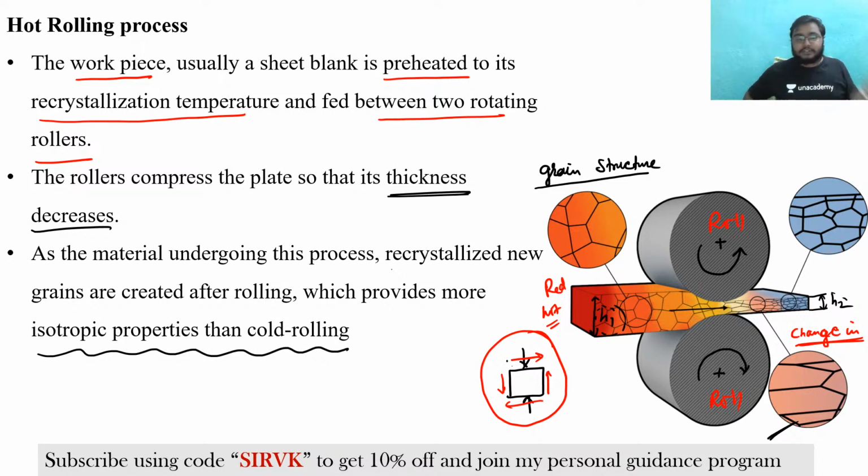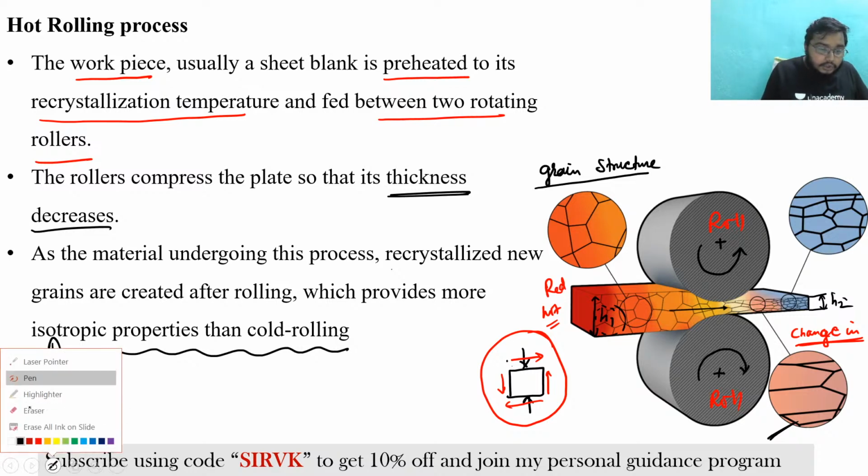See here, if we look at any property from any direction, the property remains the same. We get a uniform property throughout the cross section, and that is known as isotropic in nature. So in hot rolling, the main advantage is that we get isotropic properties.